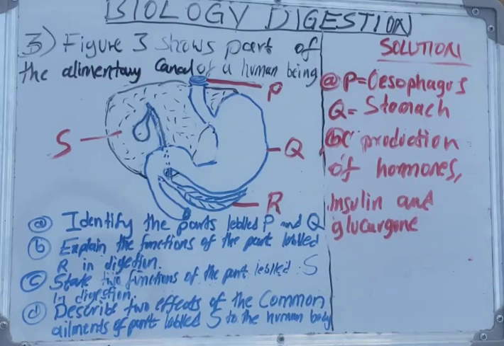It produces these two hormones, which regulate the glucose level in the body.